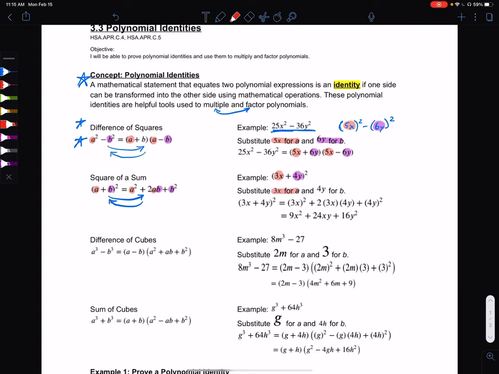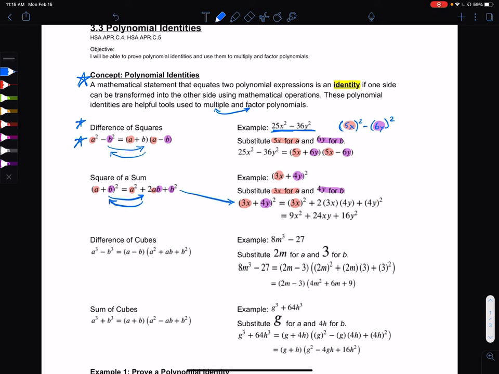So 3x is our a, 4y is our b, and then we're going to rewrite this a plus b quantity squared using our identity.